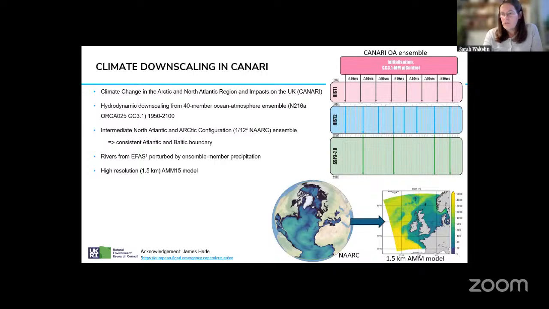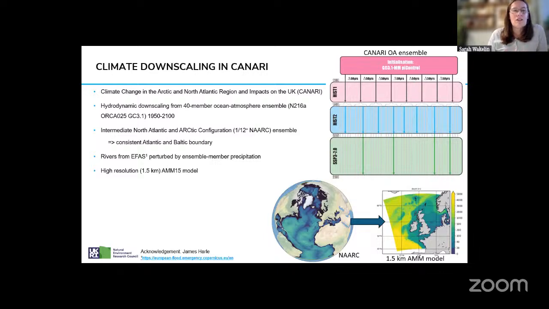So I just wanted briefly to talk about what we're doing now in the Canary project. So we're looking at climate change in the Arctic and North Atlantic and impacts on the UK. So this is very exciting, hydrodynamic downscaling from a selection of a 40-member ocean atmosphere ensemble.